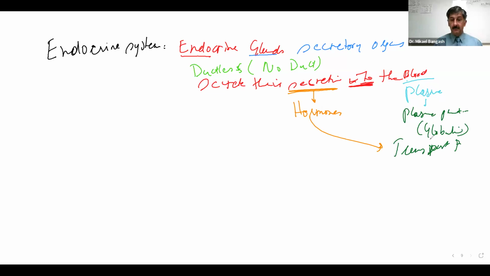So the hormones, once secreted into blood, will jump onto the designated type of transport protein that will carry it from the organ or gland where it was produced to the designated target tissues or target cells, where they will carry out their job. Did you guys get that?